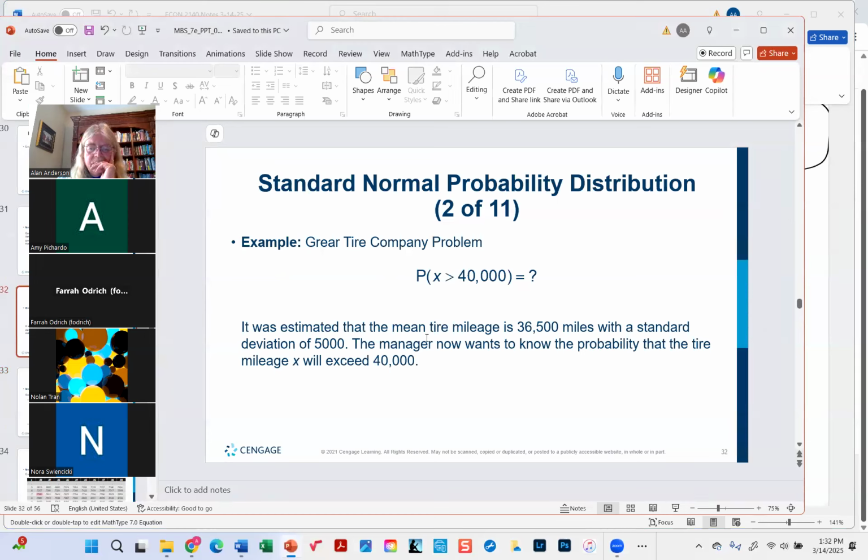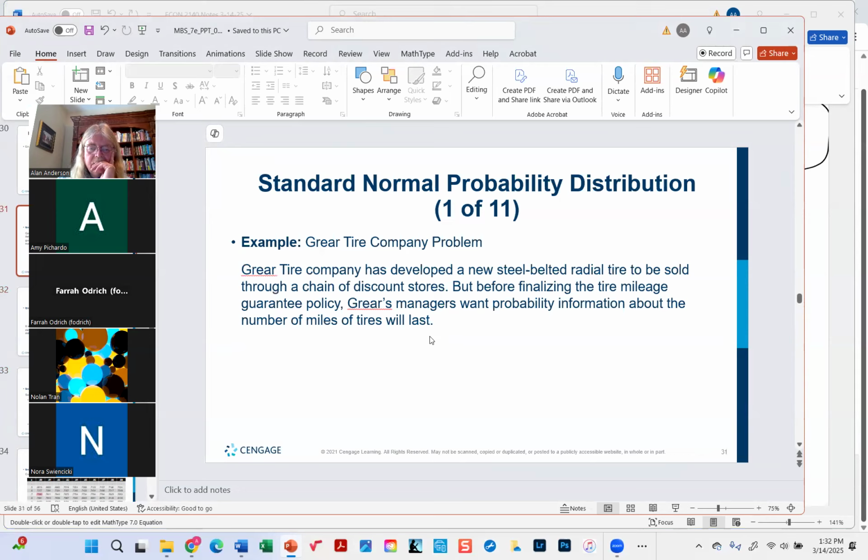Now, it's funny, I just realized they didn't explicitly say that the tires' mileage is normally distributed.